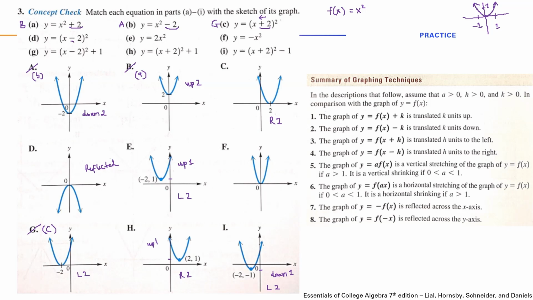Okay, so D, we move to the right 2 units. Only right 2 units. So D right here. And how do we know? So remember the parent functions as always.